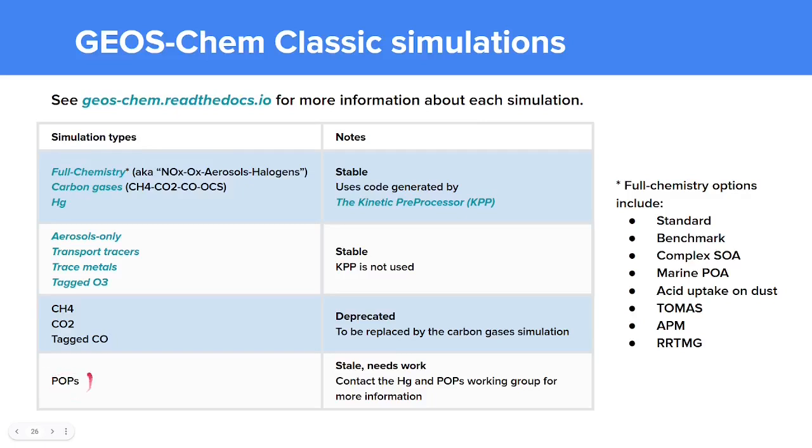And lastly, I'll note that the POPs simulation has been deprecated. It's stale, it needs some work. It was implemented many years ago, but then kind of fell out of use. So we need some work to recover it. If you're interested in using the POPs simulation, persistent organic pollutants, please contact the Mercury and POPs working group for more information about it.